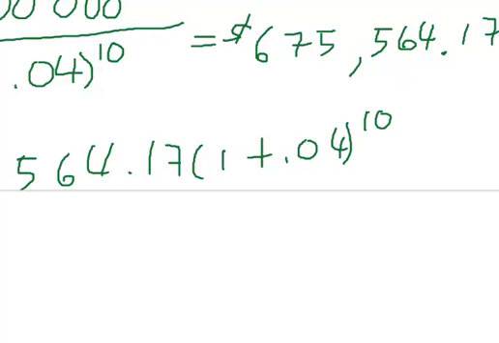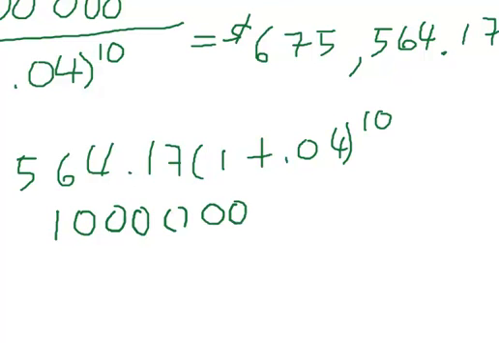And I calculate, so 675,564.17 times 1 plus 4% raised to the 10th power, and we get basically $1 million. And so we just checked our work here. So this thing's going to be equal to about $1 million.